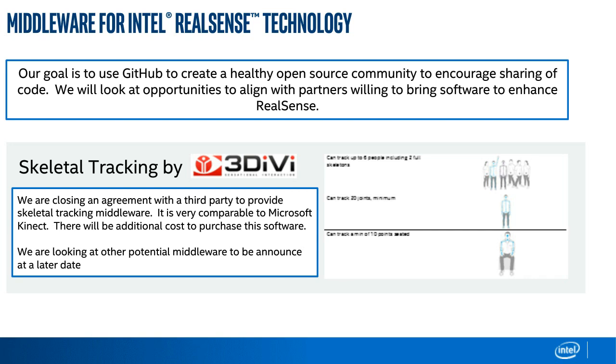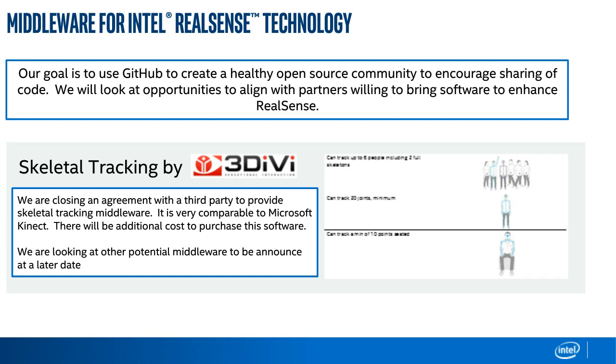And here's a great example. We have started working with a company called 3Divi. We are very close to closing agreement, which allows us to provide skeletal tracking via the D400 series of products. This is very important. Think of the Microsoft Kinect. They had this capability, and we are emulating it right now with this company.